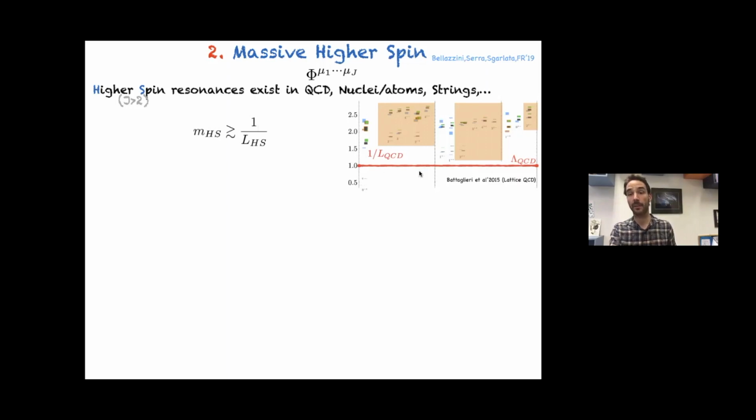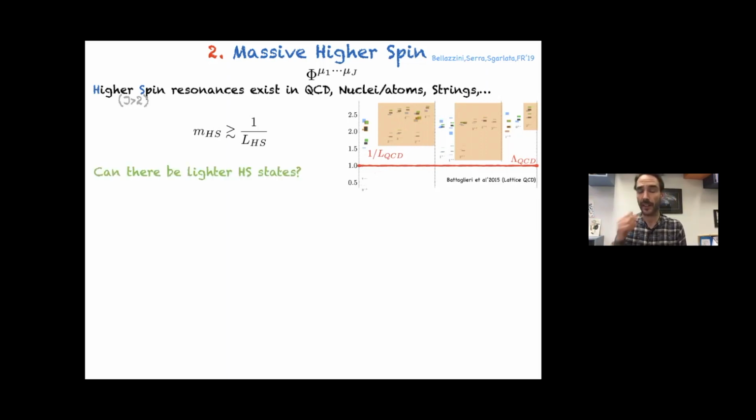This is an example taken from some lattice QCD simulation. Lambda QCD is actually the inverse size of QCD resonances. And you see that all the resonances with high spin, like spin 3, spin 4, and so on, are always above the cutoff.